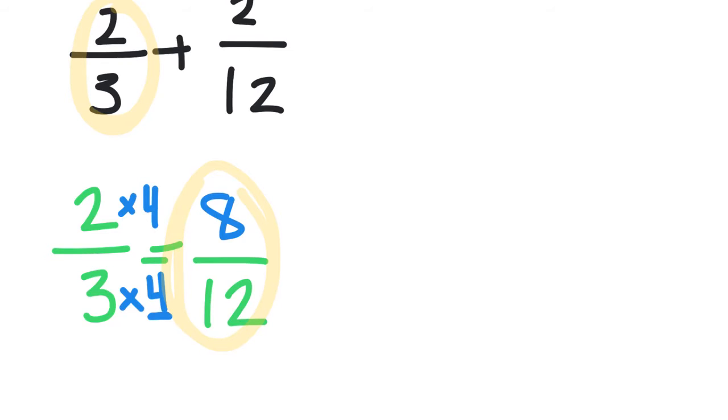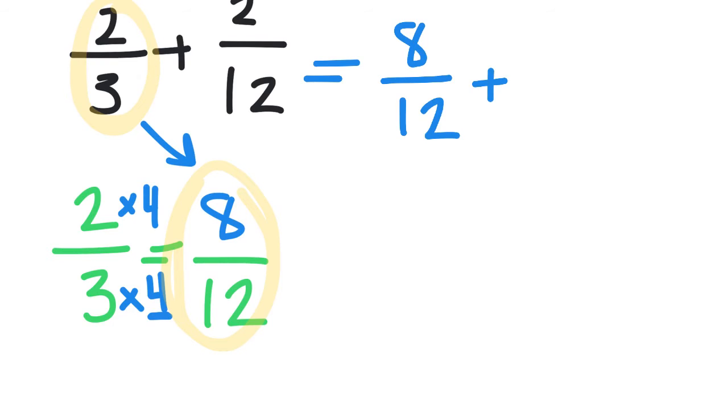So now I can rewrite my addition sentence with my common denominators. 2/3 plus 2/12 is the same as 8/12 plus 2/12. 8 plus 2 is 10.